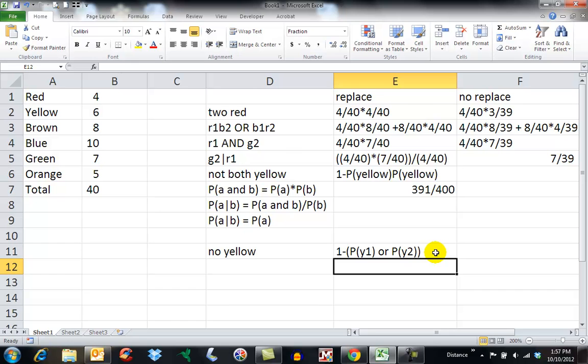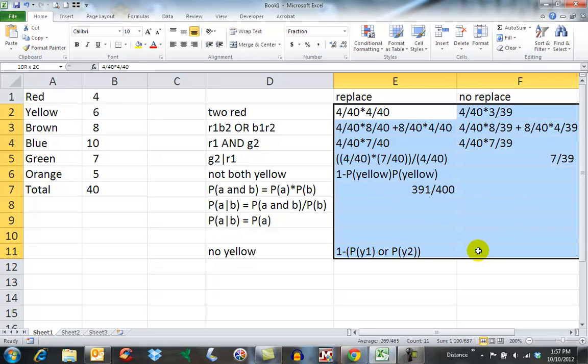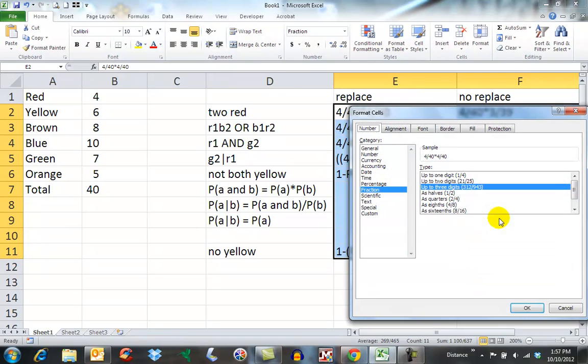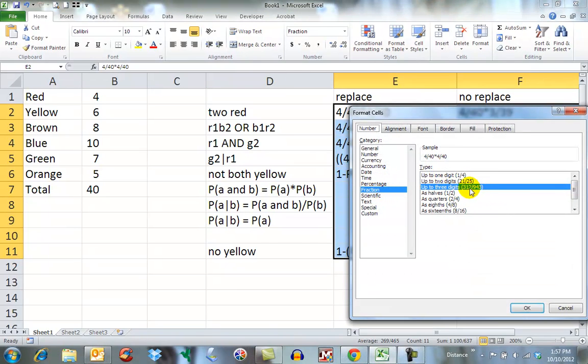I would suggest not using your calculator and not using Excel unless you have it for function formatting to put in fractions, and you can do that by highlighting that and saying format fractions. So if I highlight the space and I right click and I do format cells, I can do fractions, and this will allow me to do up to 3 digits in each one. After that it turns into a decimal.